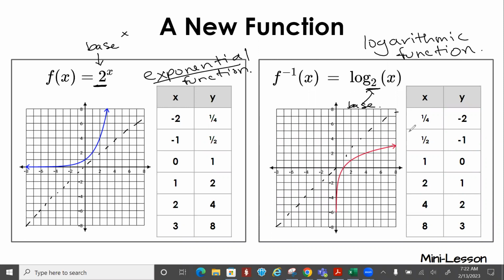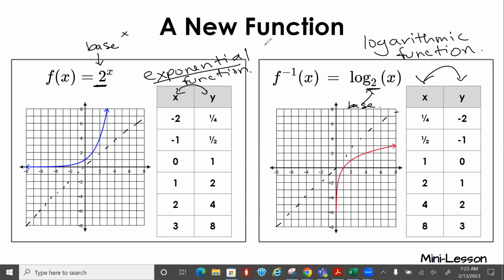So we've got log of base, and then we've got an x. We're going to talk about that a little bit more in just a second. What do you notice between the x and y over here and the x and y over here? They're flipped, just like we see with inverse functions, right? We switch our x and y. So these are flipped with these.